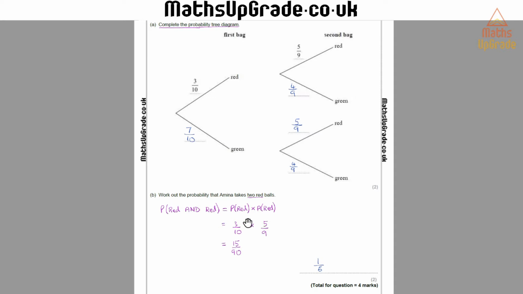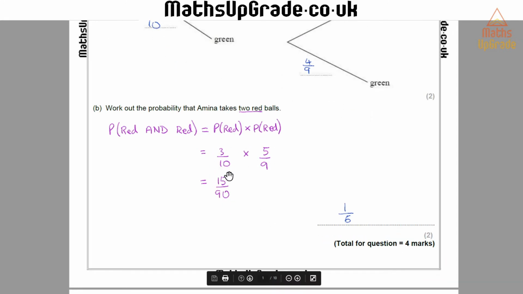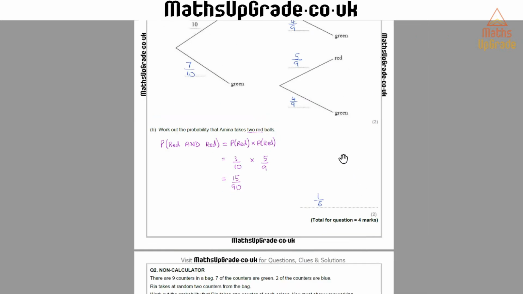So you need to multiply these 2 fractions together, since the probability of one and the probability of another is given by the product of the 2 probabilities. So it's a multiply. When you multiply them, you multiply the numerators together, which gives you 15, and multiply the denominators together, which gives you 90. You can then cancel that to write it in the simplest form, which is 1/6, and that's the 4 marks for that question.